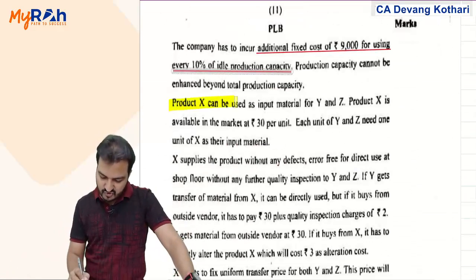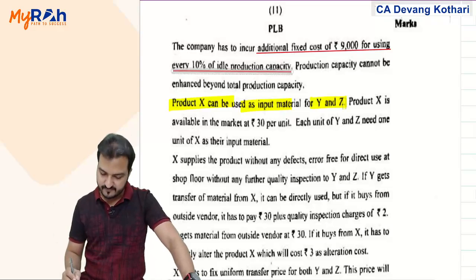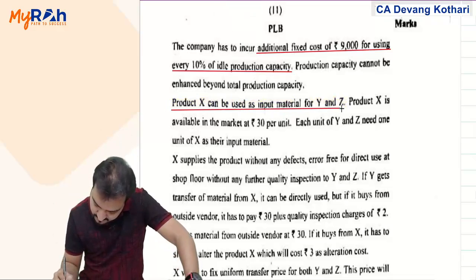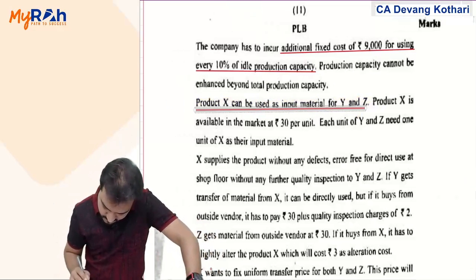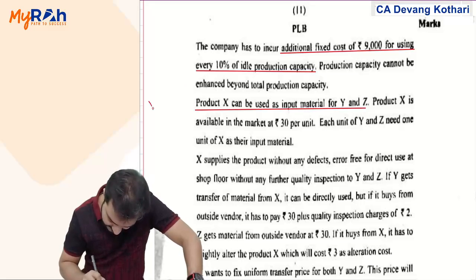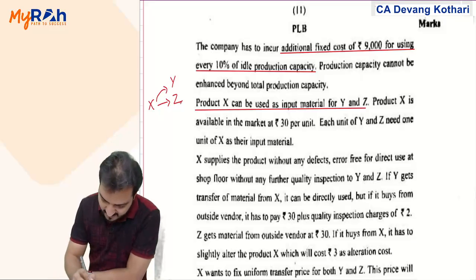Further, X can be used as input material for Y and Z. Now this clarifies my earlier presumption, that X is supplying material to Y, X is also supplying material to Z. X is available in the market at rupees 30 per unit.